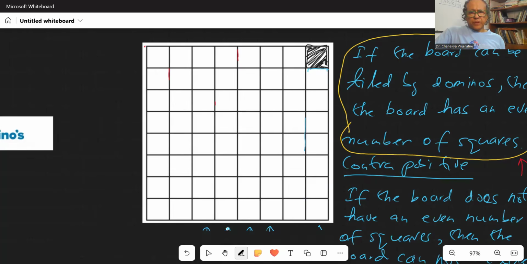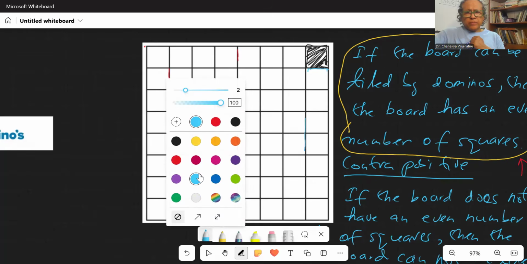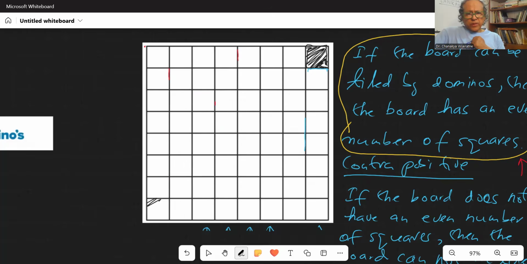Right. Okay. Now, we need to remove the bottom left. So that is this one, right? Now again, we have 62 squares, 64 minus 2 squares, right?